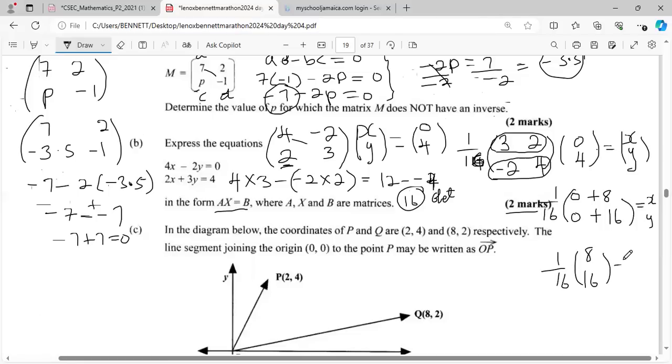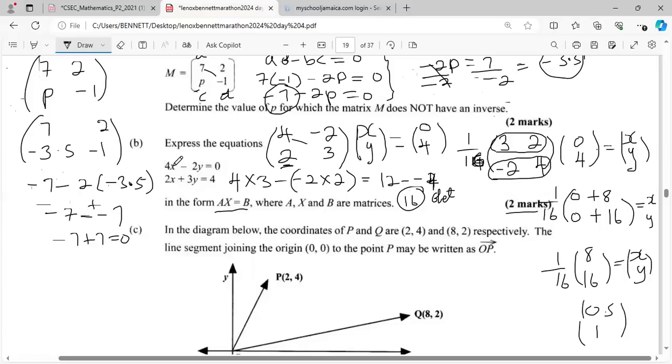So I could put it in an equation to see if it's correct. So this is going to be 8 over 16, which is a half. 16 over 16, that's a 1. So this will go to 0.5 and 1. I'm going to do a little check over here with the equation itself.